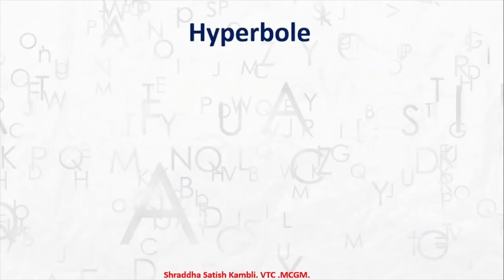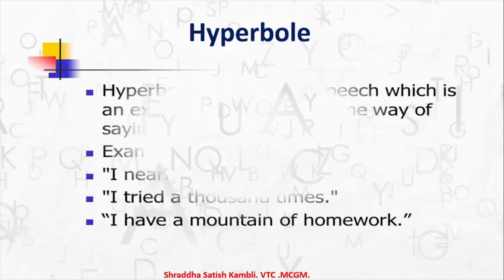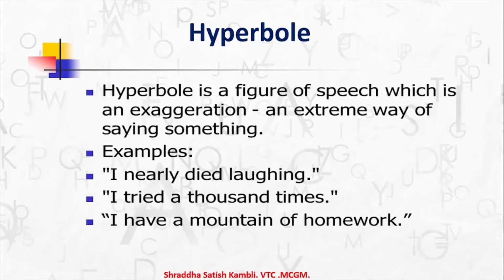Now let us look at the next figure of speech. How do you pronounce this word? You say hyperbole. Hyperbole. Okay, so let us look at some examples of hyperbole here. So hyperbole is a figure of speech which is an exaggeration. Exaggeration means saying too much about something.